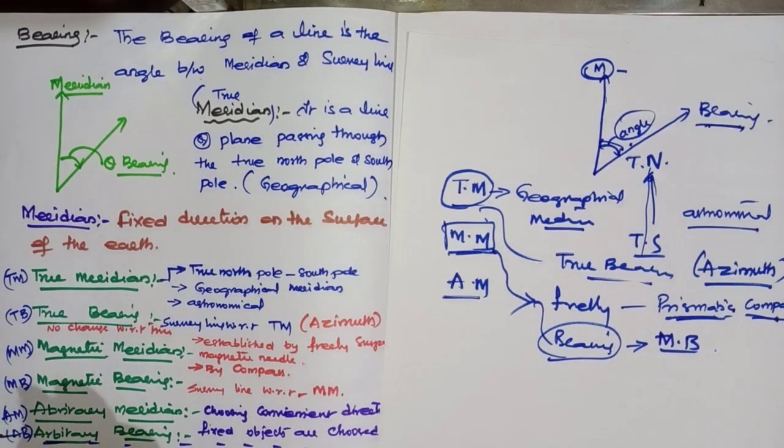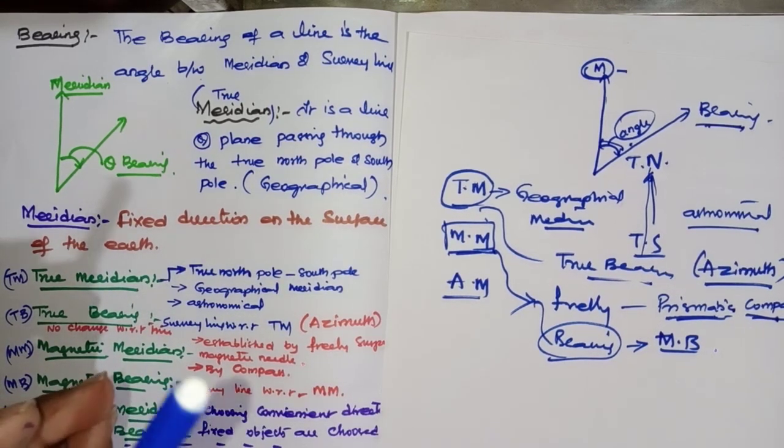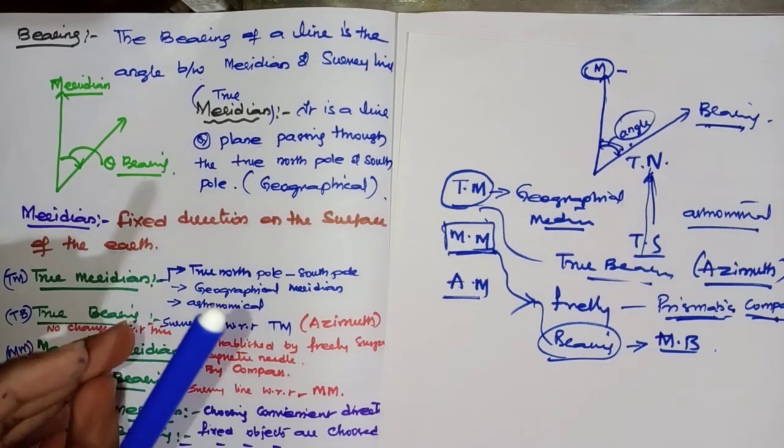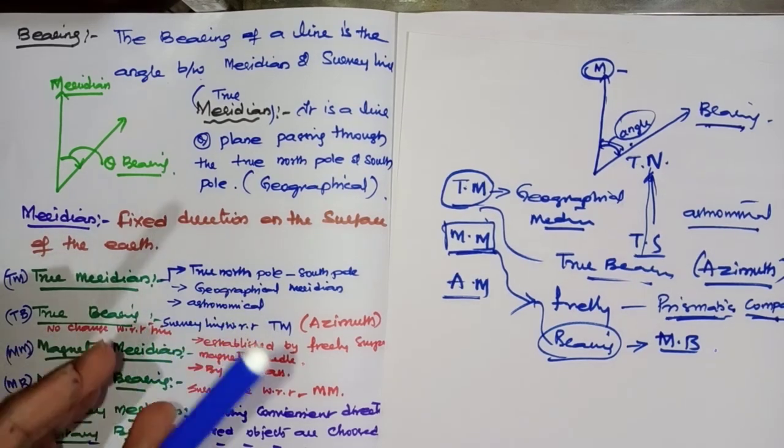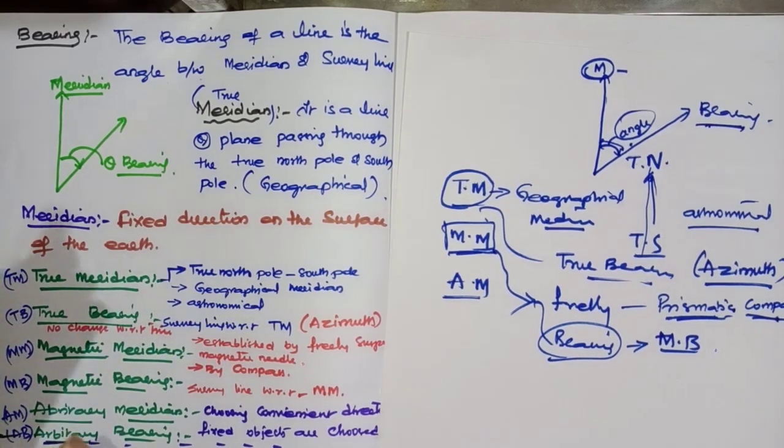Okay. Coming to the arbitrary meridian. The true meridian has been fixed by some astronomical stars, and the magnetic meridian is shown by a freely suspended magnetic needle, the true north one. Now arbitrary means we do it by our wish. Suppose there is some electric pole or some building corner, we take that as a reference and take the angle from it.